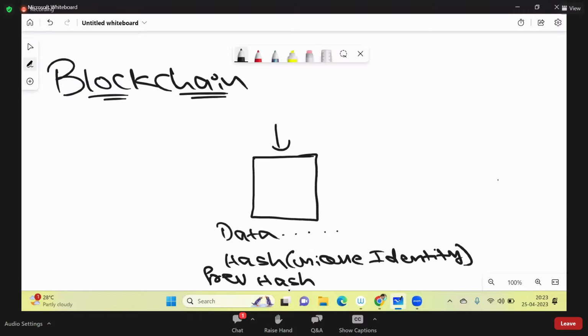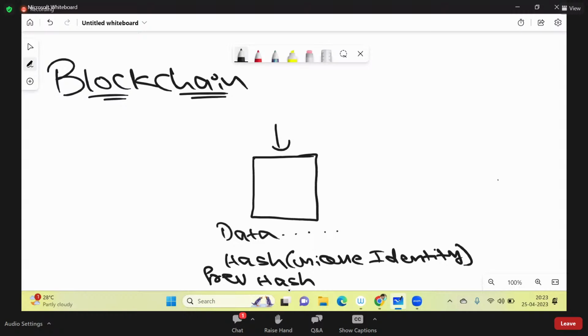Technically, if you see this, everyone can tell me what these are. If I ask you, you will definitely say that these are your block numbers. But technically, we don't call this a block number. There is a term defined for this, and that is your block height.